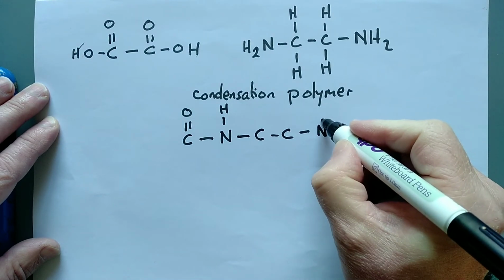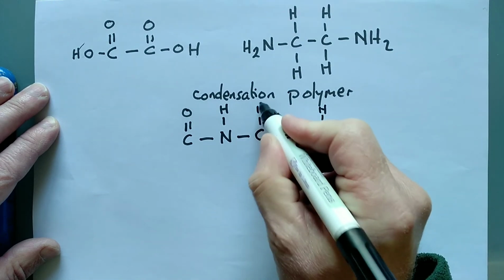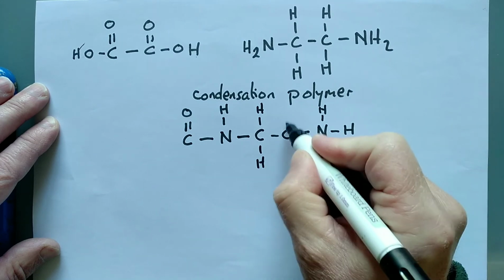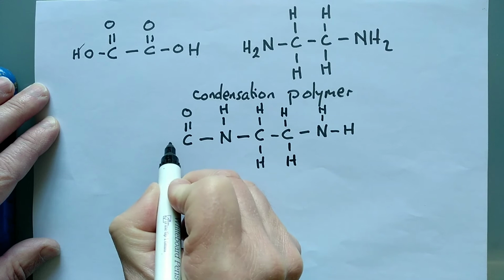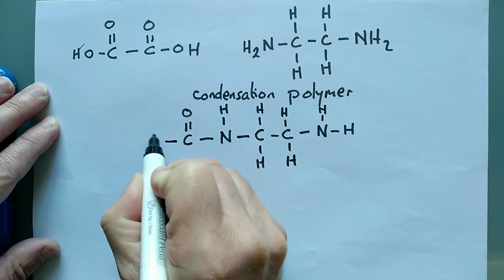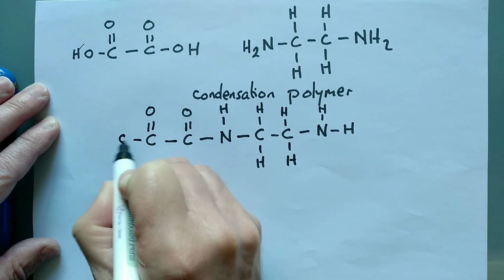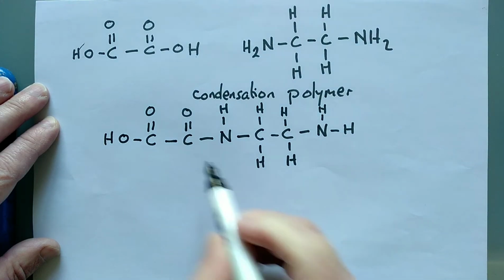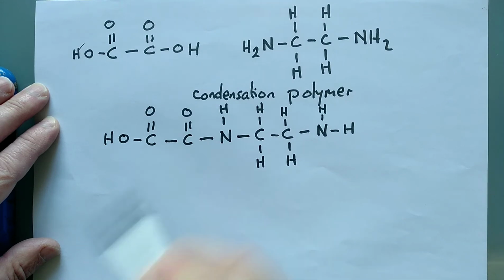I'm going to draw the hydrogen slightly differently this time, and still with your hydrogens in the middle. And then on this side, you're still going to have the carboxylic acid group. So you can see that there is the amide link in the centre there.